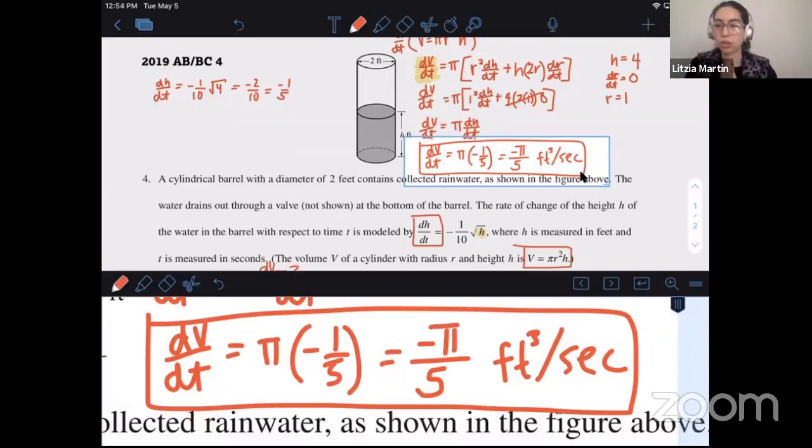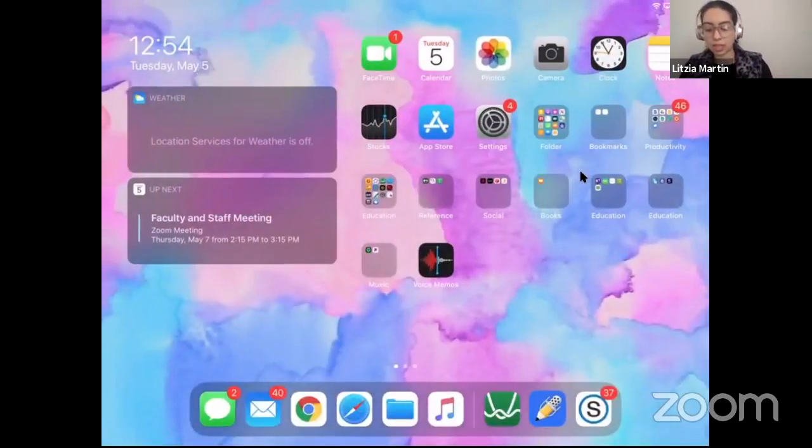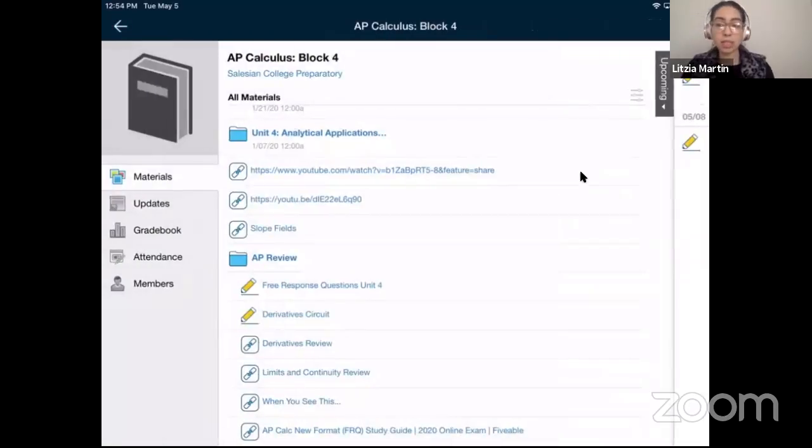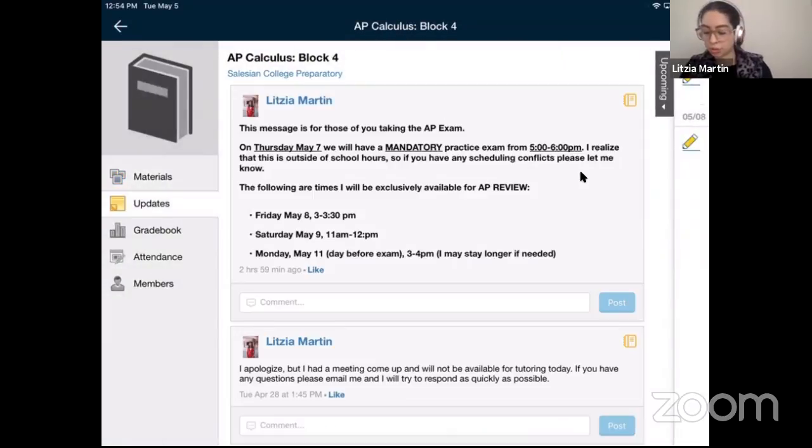Oh, I just remembered. So another announcement, sorry, pause between our next problem and the announcement. I posted on Schoology in the updates our schedule for if you're taking the AP exam. So I'm going to have a mandatory practice exam. It's scheduled for Thursday from 5 to 6 p.m. I know that's outside of school hours.